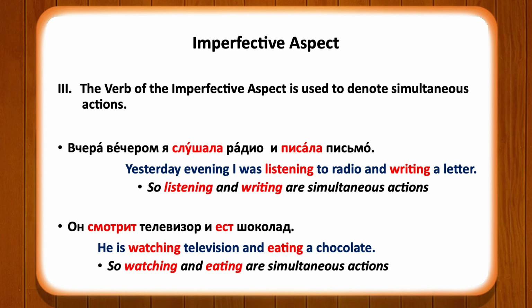So, он смотрит телевизор и ест шоколад means he is watching television and eating a chocolate. So, two actions, watching and eating, are taking place simultaneously. To denote such actions which take place at the same time, you use verbs of imperfective aspect.